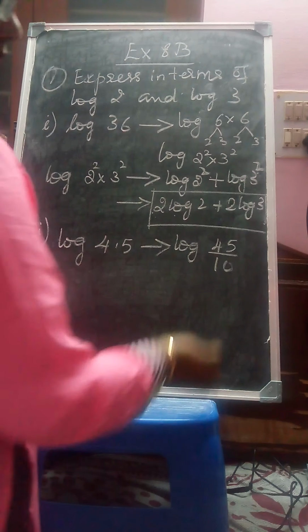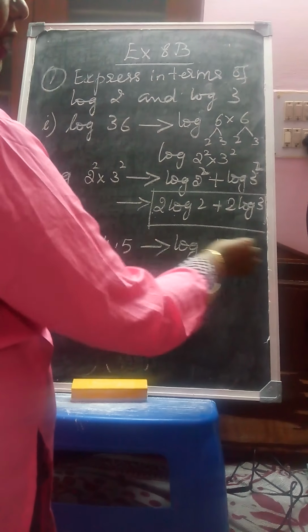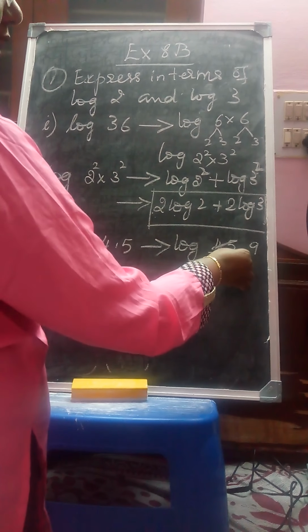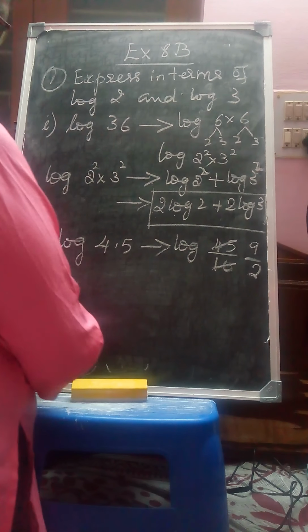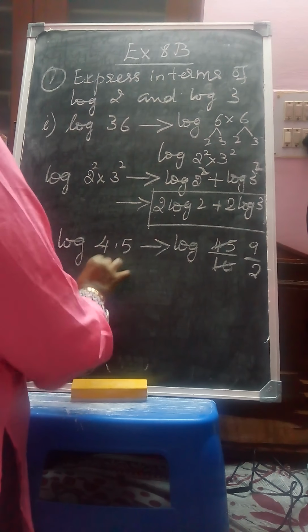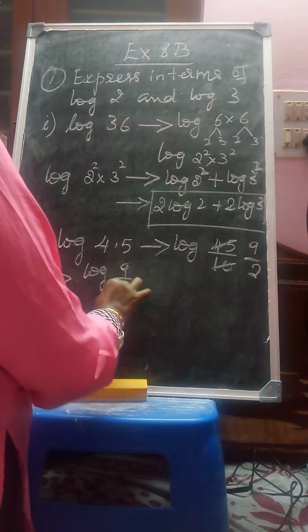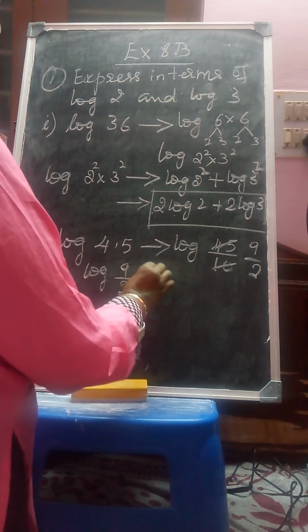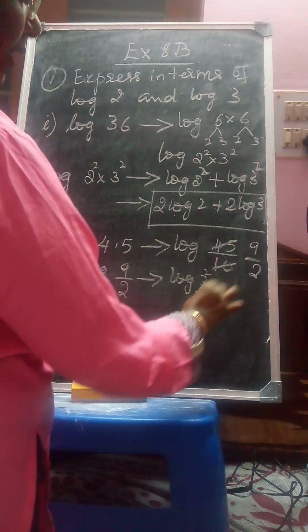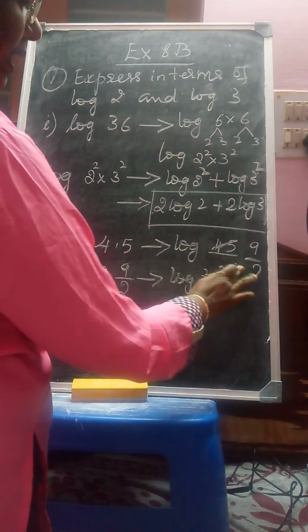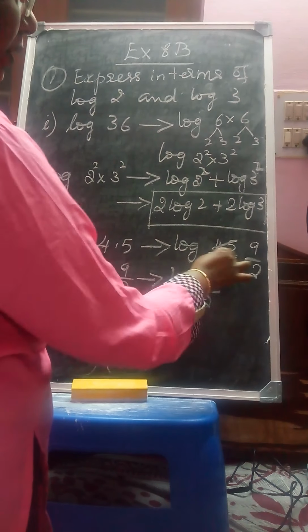Now we can reduce this. 5 nines are 45, 5 twos are 10. So we are getting log 9 by 2. 9 again can be written as 3 square, so log 3 square by 2.